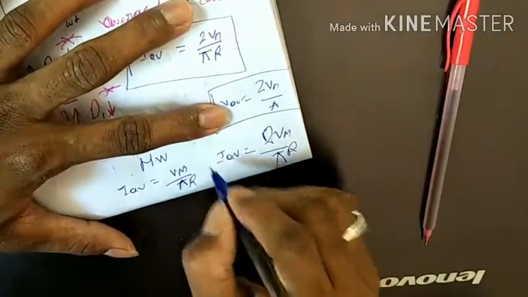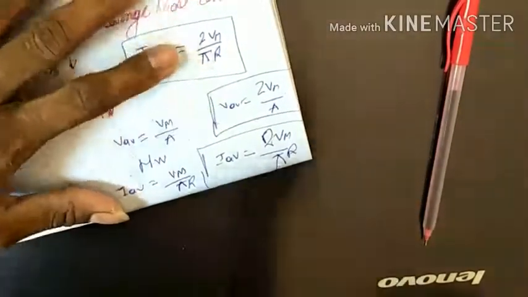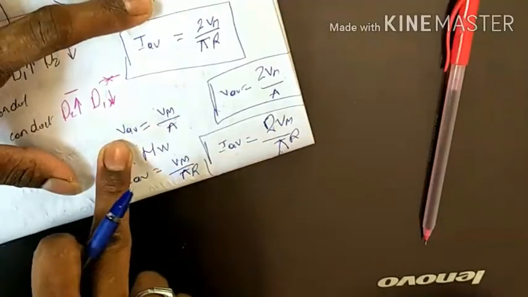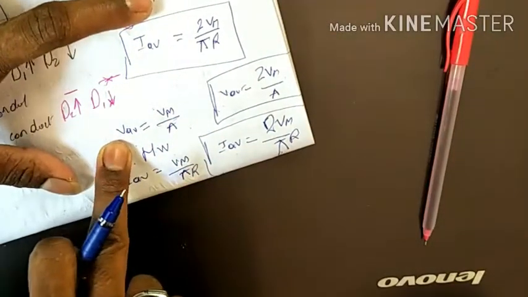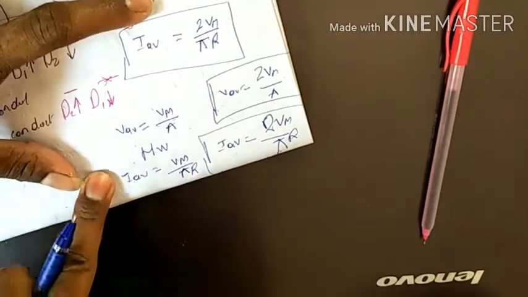This is the difference between half wave and full wave average output voltage and average output current.